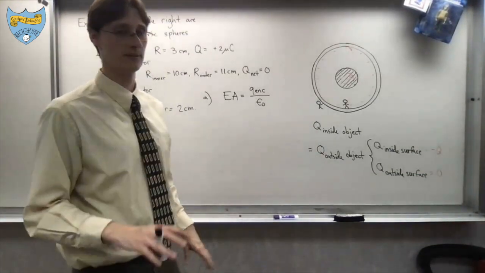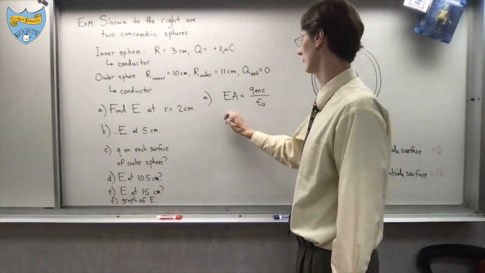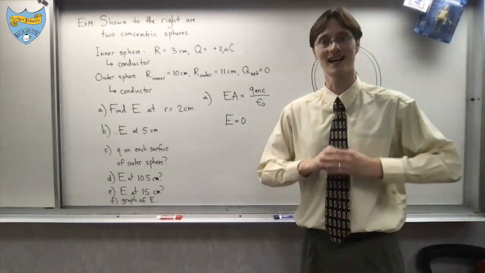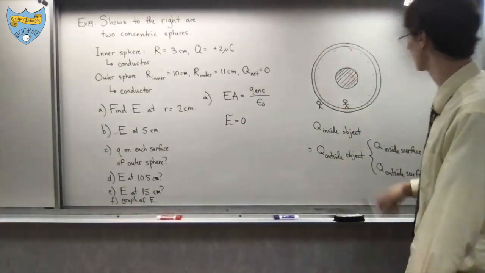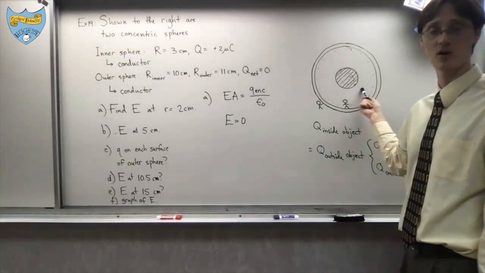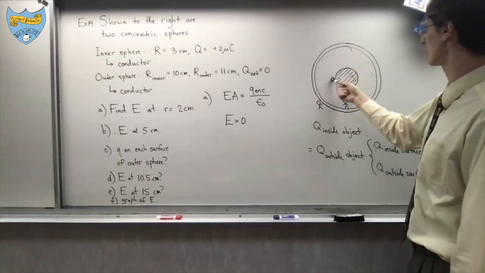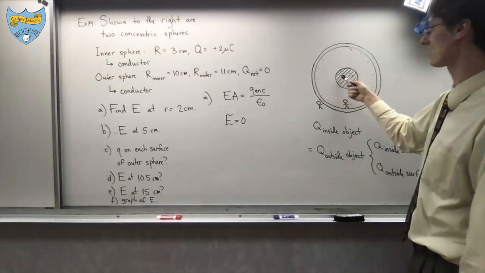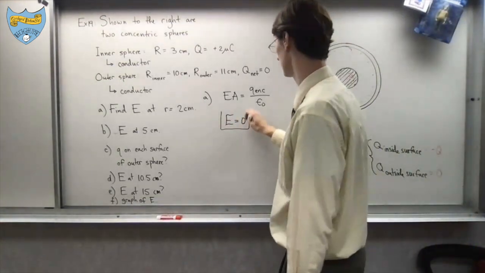All right, now, at this point in the unit, you should be savvy on the fact that that means that the electric field is automatically 0. The electric field inside of a conductor is actually always 0 because the charge on a conductor always lives on the outside surface, right? So if this is where all the charge is, then there is no charge in here. Therefore, Q enclosed is 0, and the electric field is 0.